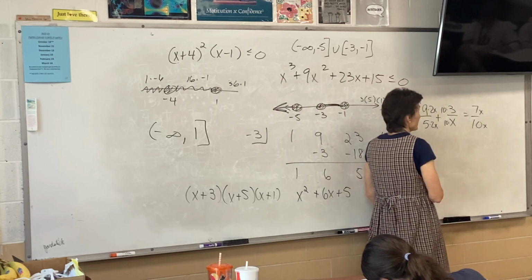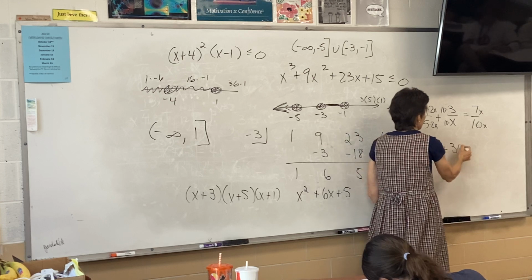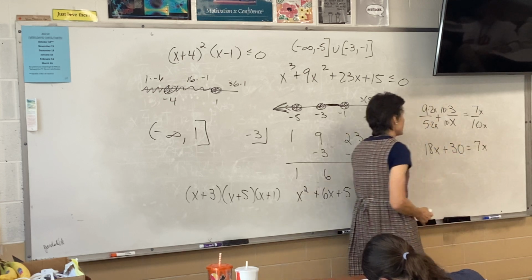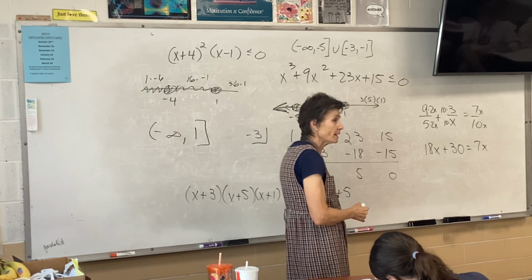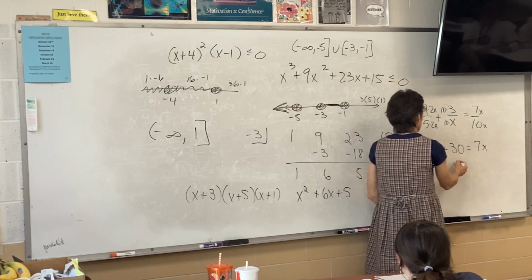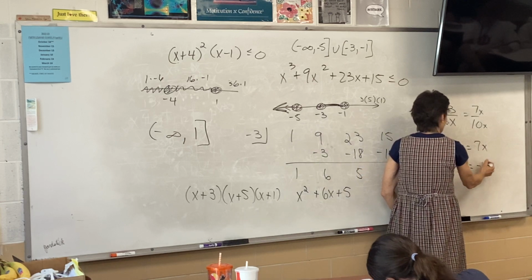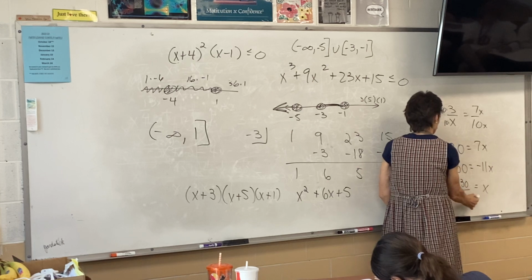Once they're the same, we can drop them. So we have 18X plus 30 equals 7X. Does that look okay? So 30 equals negative 11X. I got 30 over negative 11. Yep.